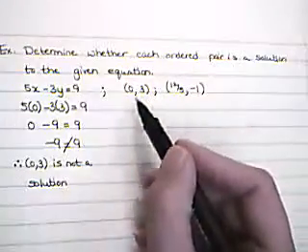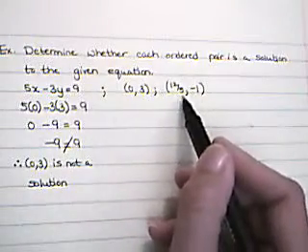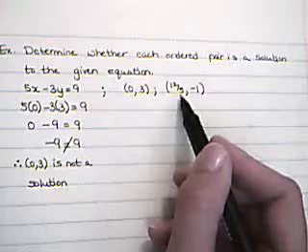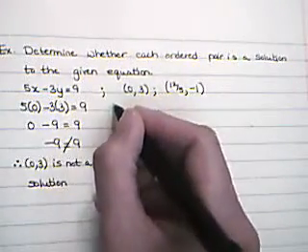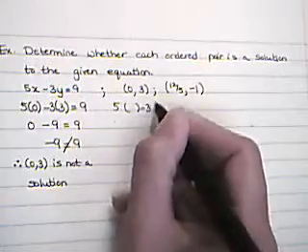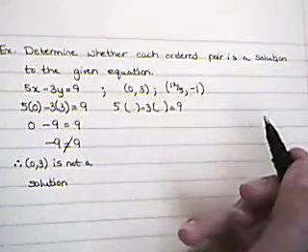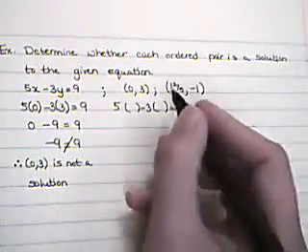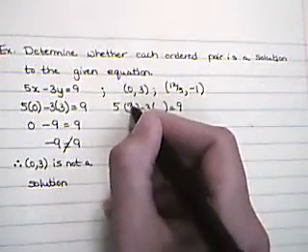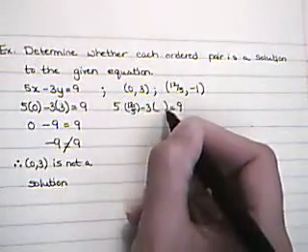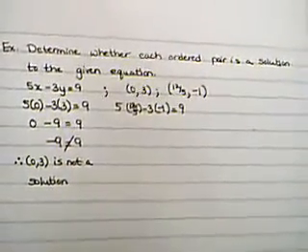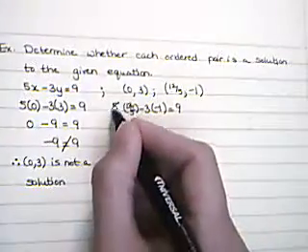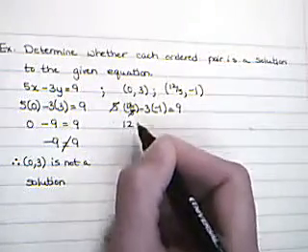Now, because (0, 3) is not a solution, that does not have any bearing on the next point that we're going to test, (12/5, negative 1). Using the same equation, 5x minus 3y equals 9. Plugging in for x, which would be 12/5, substituting in for y, which would be negative 1. So in this case right here, our 5's cancel, and we're left with positive 12.